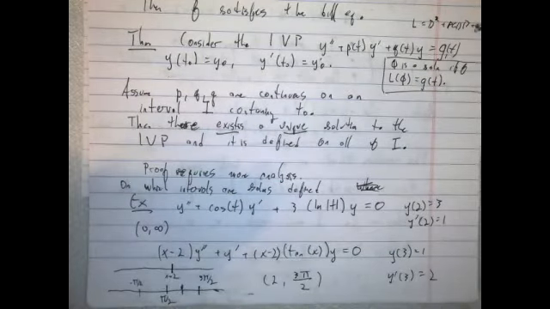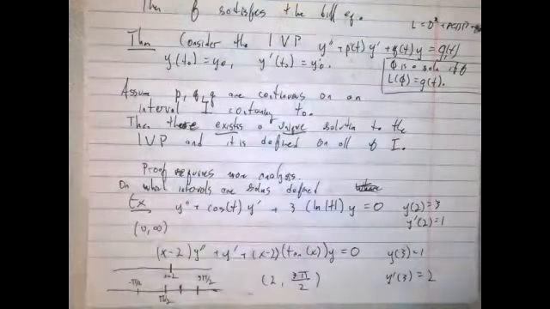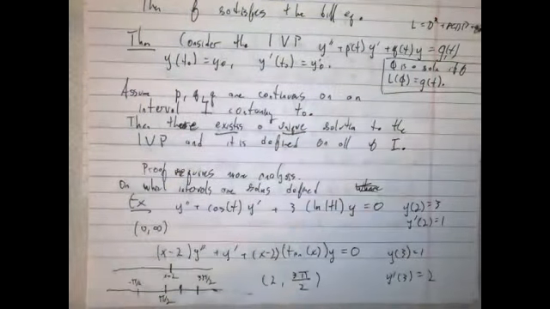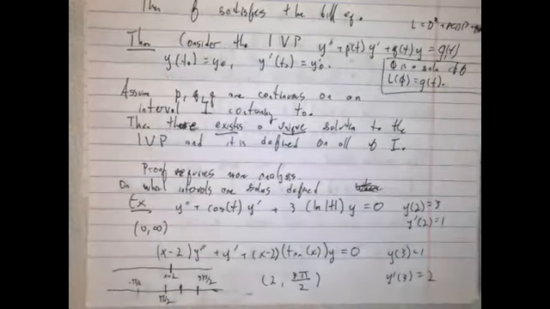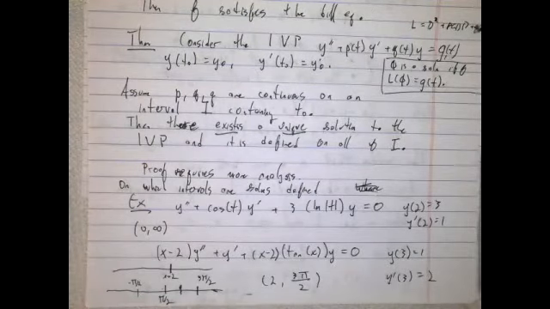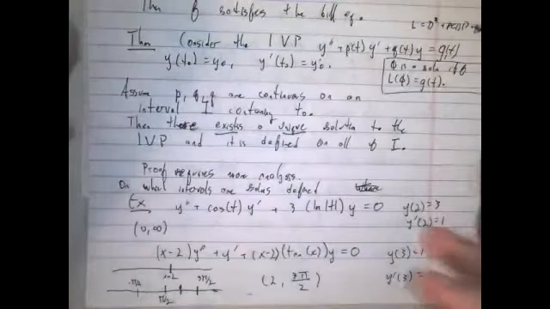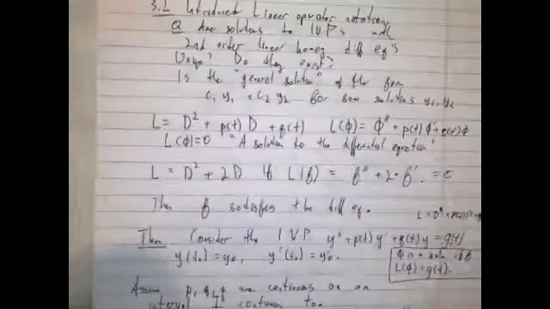But here we know exactly where it's defined, and it's the biggest possible interval on which all of your functions are continuous that contains the initial point. Any questions on this? No? Okay.